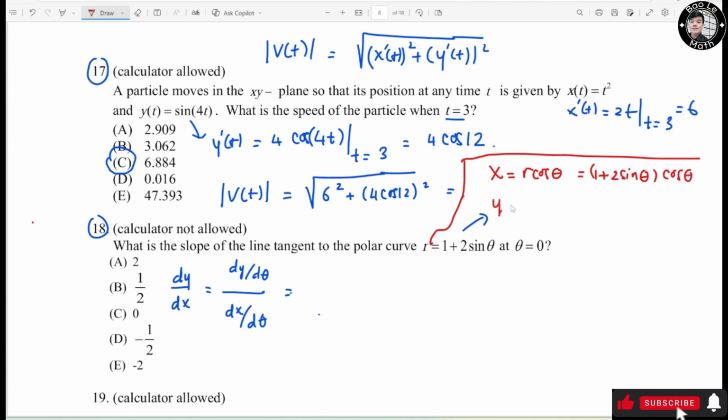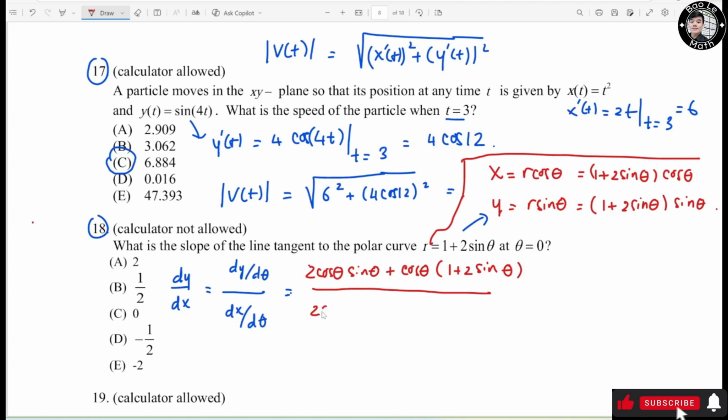Y equals r sine theta, so then it's going to be 1 plus 2 sine theta times sine theta, right? So it's going to be 2 cosine theta times sine theta plus cosine theta times 1 plus 2 sine theta, over 2 cosine theta times cosine theta minus sine theta times 1 plus 2 sine theta.